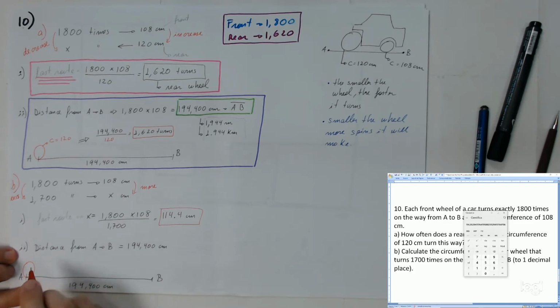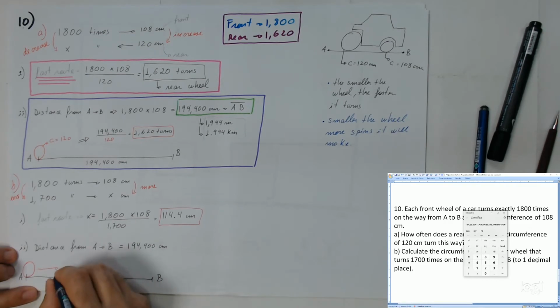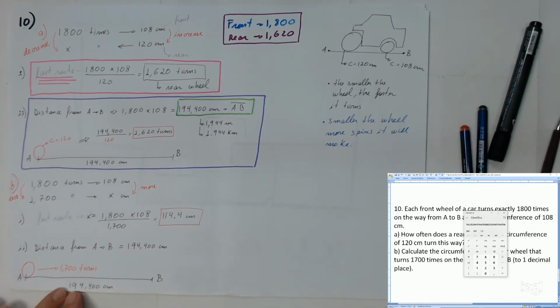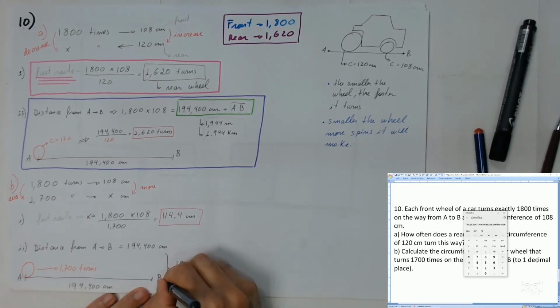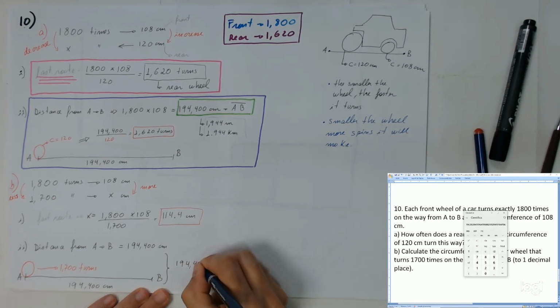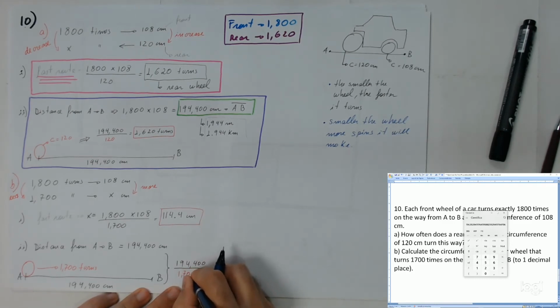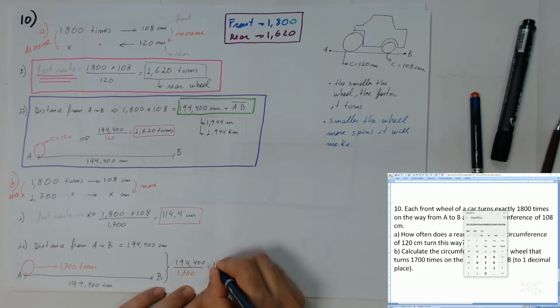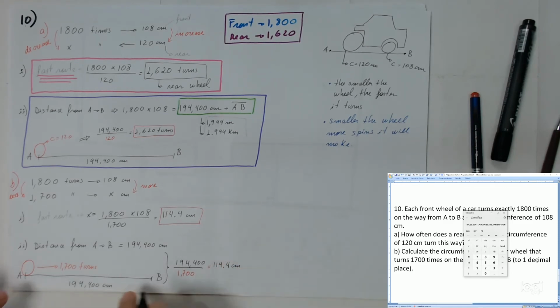We don't know the circumference, but we do know that it is going to make 1,700 turns in here. Well, if it has this length, and it must turn 1,700, then it means that it is going to make 114 times 4 steps.